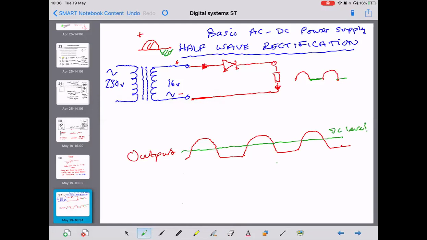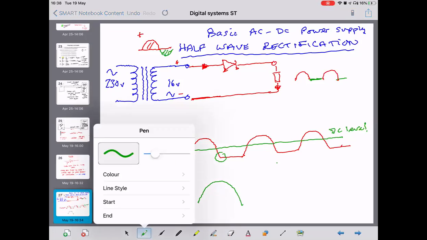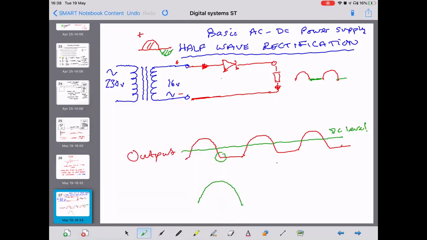So that's half wave rectification. If you want a very simple DC supply, if we looked in detail here, if this is the AC waveform, you're actually losing a little bit more because of this. We must remember that we've always got 0.7 volts across there to turn it on.